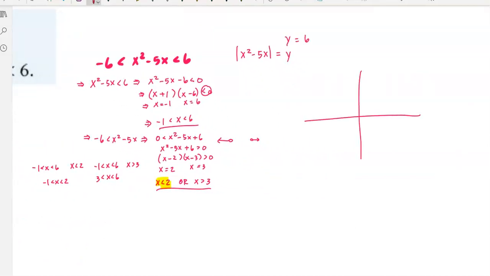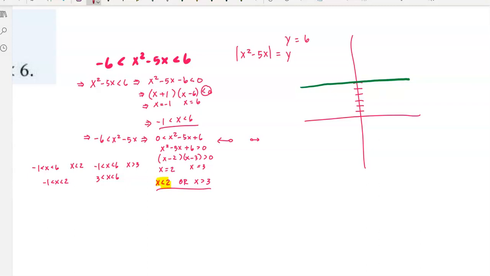So let's go ahead and make this 1, 2, 3, 4, 5, 6. Hey, we can get that horizontal line on there real good, huh?